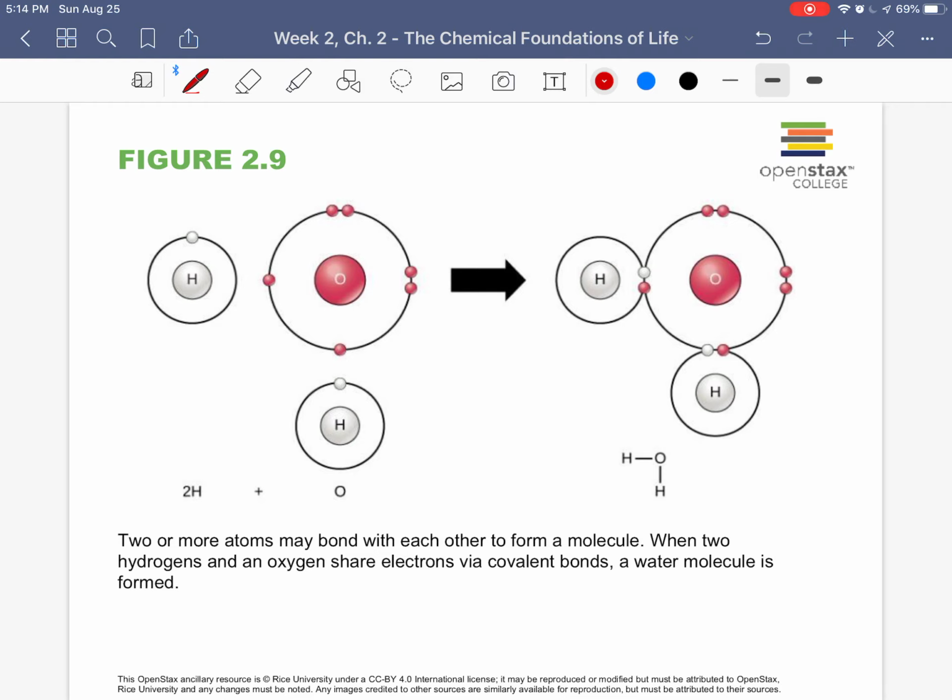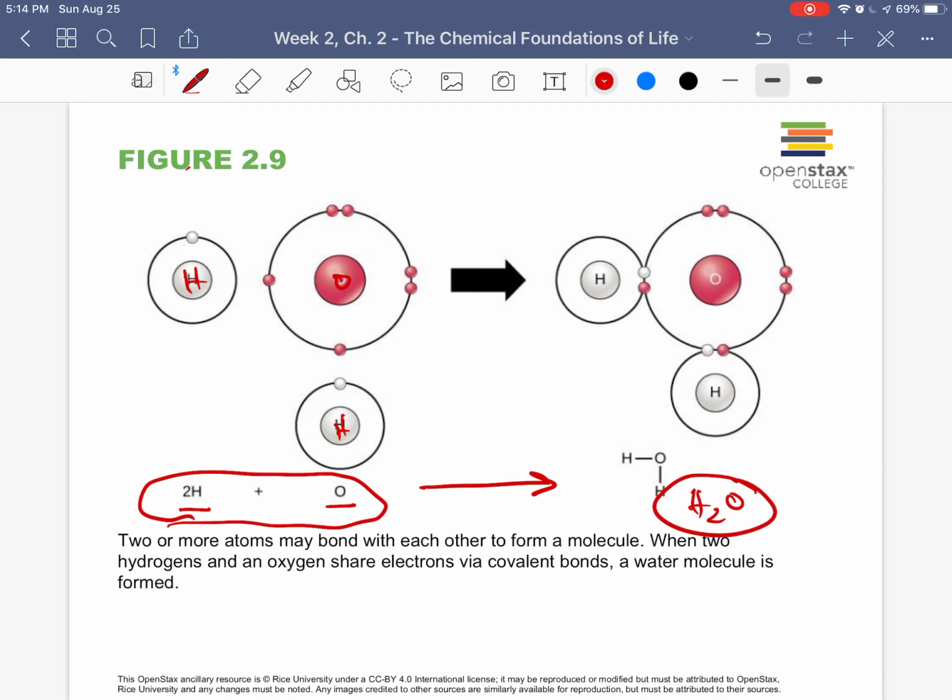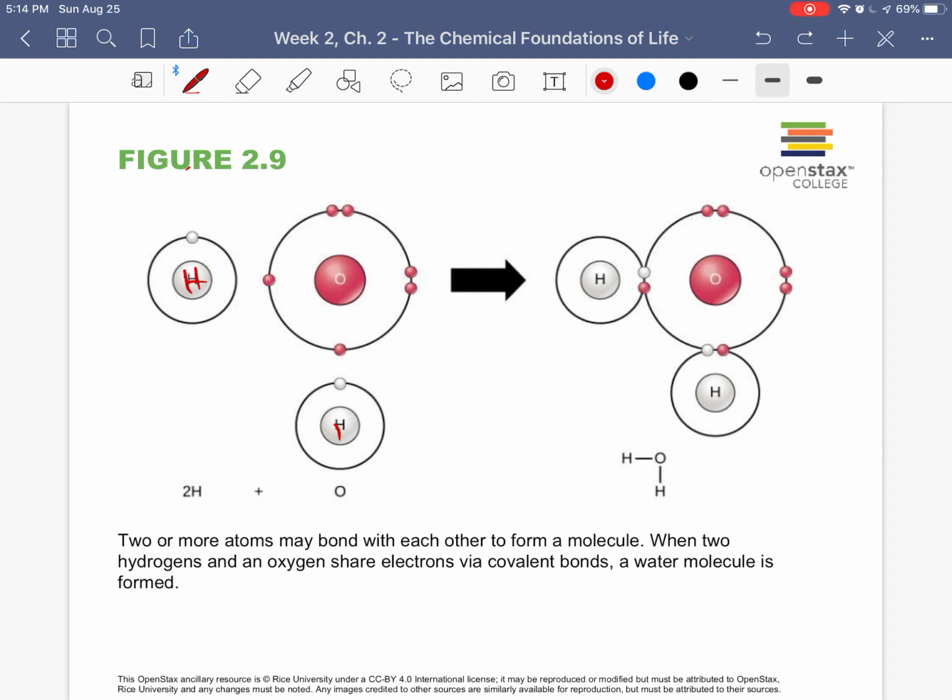So what we see here are the elements hydrogen, right here, hydrogen, and the element oxygen. We have 2 hydrogen and 1 oxygen, and it goes through a chemical reaction and gives us a product of H2O. So hydrogen and oxygen are our reactants, and water is our product. And what I want you to note here is this.